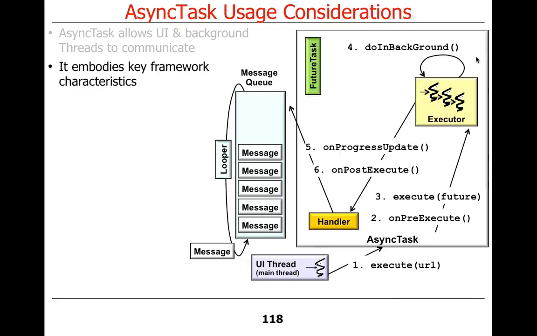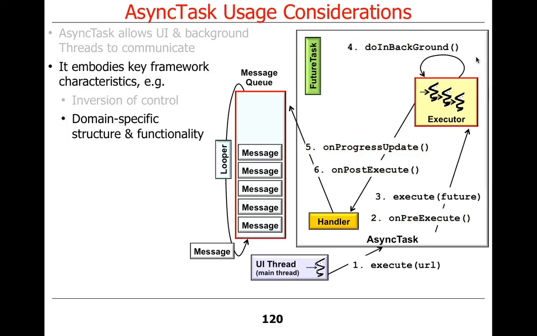It also embodies all the great framework characteristics. We've got inversion of control, except it's much more abstracted now. It's object-oriented inversion of control, not pattern-oriented, deliberately manipulated inversion of control, which is what the Hammer framework is.